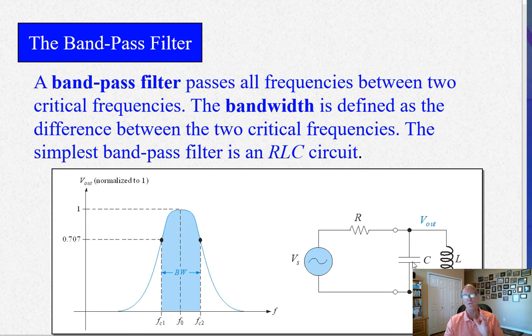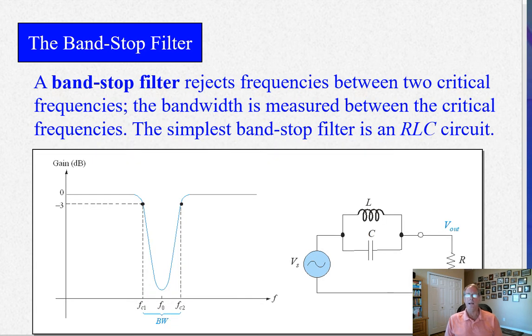In other words, the same impedance. And that's right here in the middle, and the signal can get through. So that's an RLC circuit. It's a band pass filter.